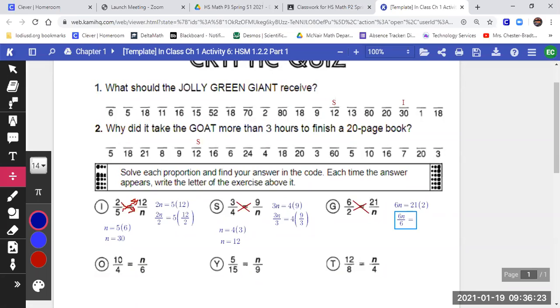What parts can 6 break into that would go into 21? What part then would be going into the 2? Because we have to make sure it's a 6. 3 times what makes 6?